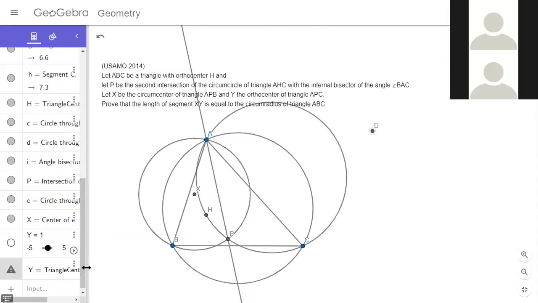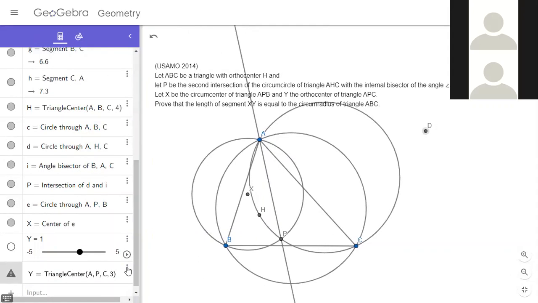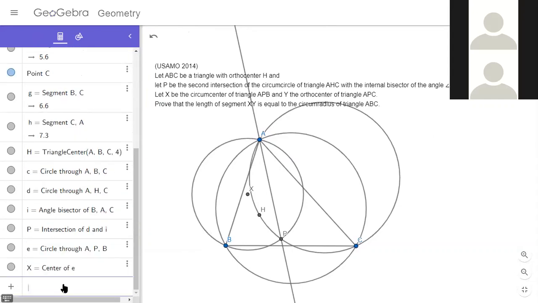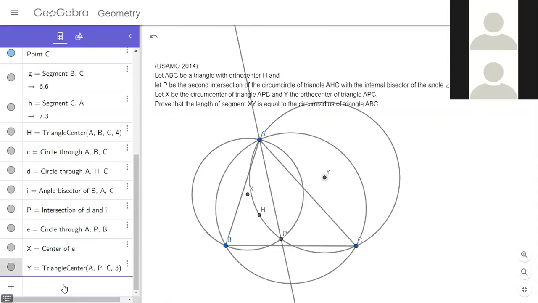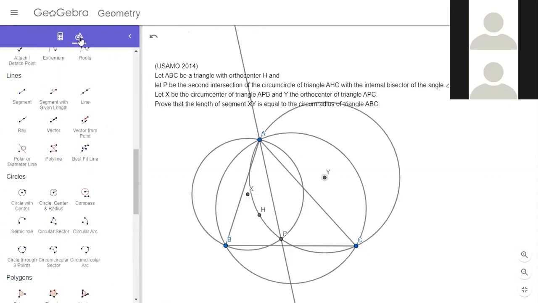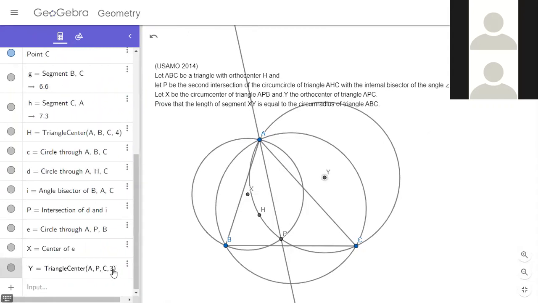Let's do this again. Y equals triangle center A, P, C, 3. There we go. That almost looks like the circumcenter of APC. Oh, I think it's 4. Yeah, it has to be 4 instead of 3. There we go. So the orthocenter of APC actually lies on the circumcircle of ABC.